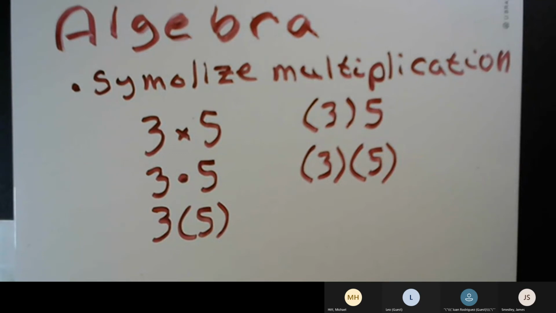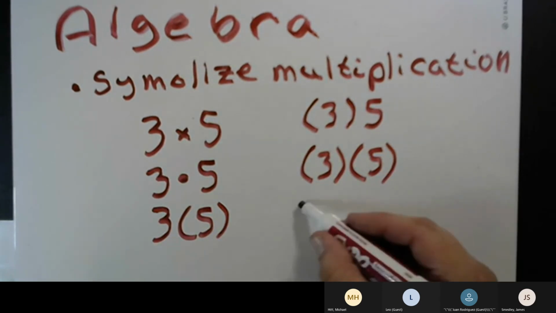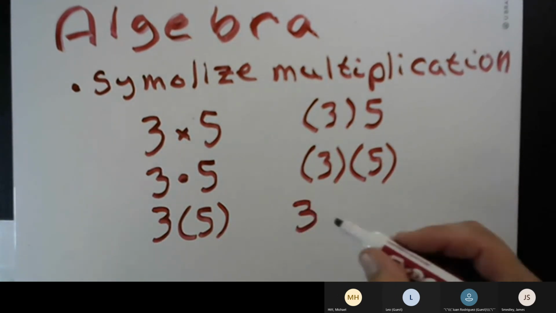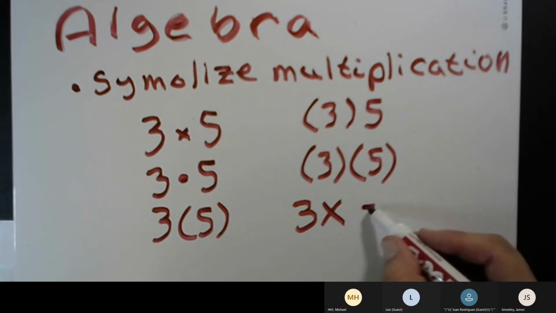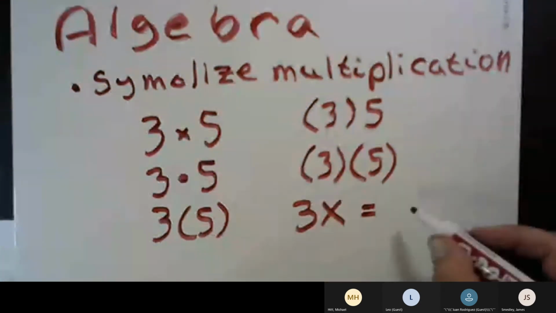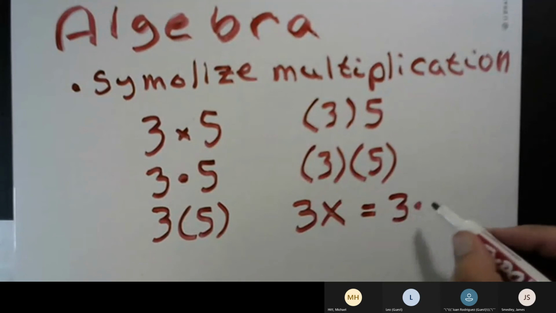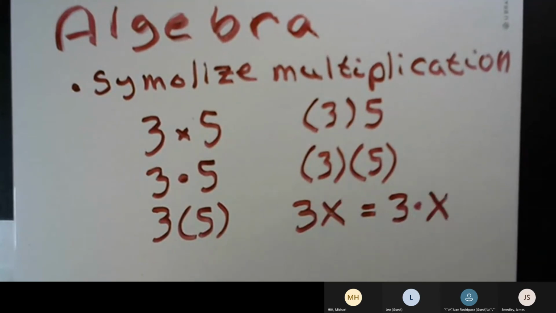Another thing that comes up in algebra, and we're going to talk about this today, is variables. When you see a number next to a letter like this, it's usually x. This means 3 times x. In algebra, we have a really strong interest in efficiency.